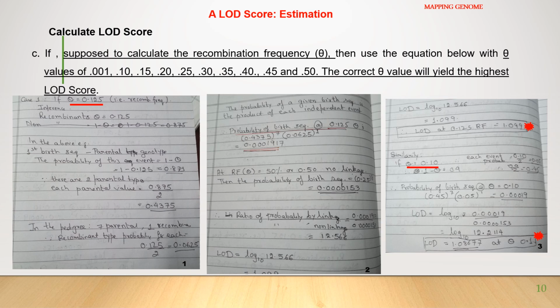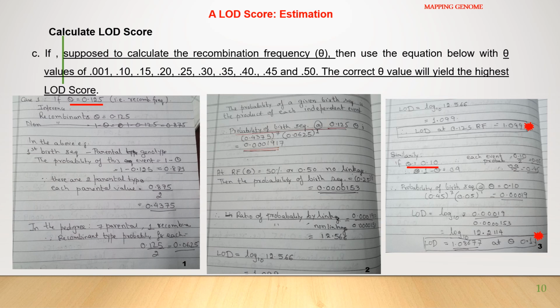So the probability of the birth sequence at theta value 0.125 would be each parental value, that is 0.4375 to the power of 7, into the recombinant haplotype, that is 0.0625 to the power of 1, which comes to be 0.00019117.